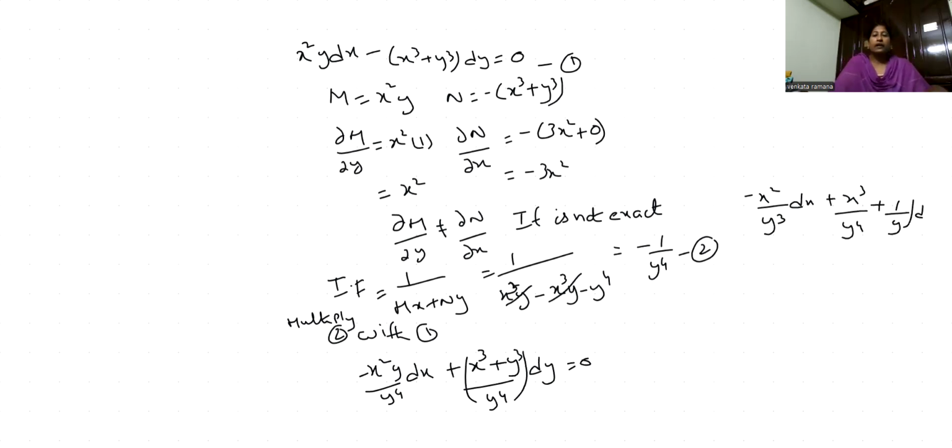Now let M1 be minus x square by y cube, and N1 be x cube by y power 4 plus 1 by y.